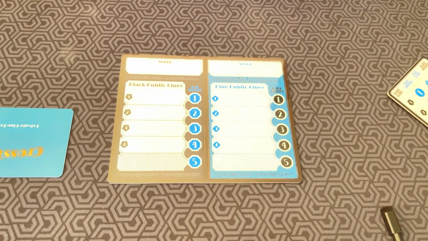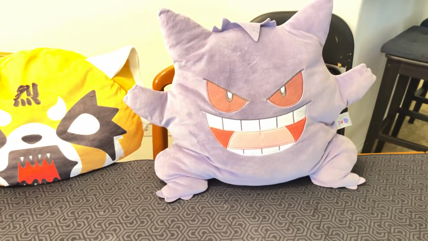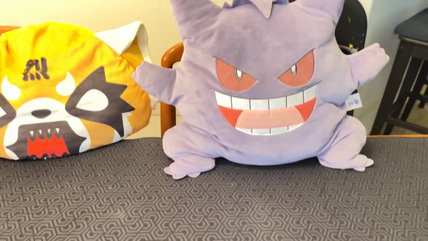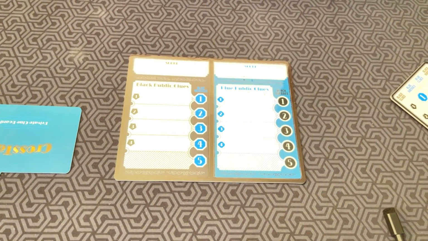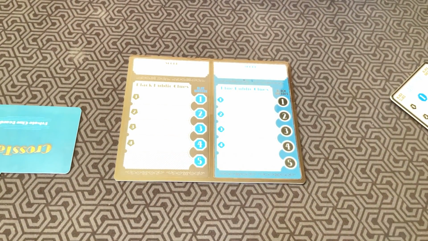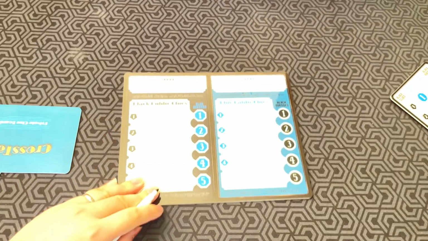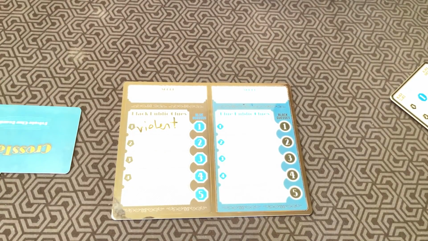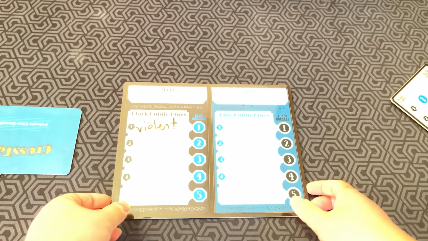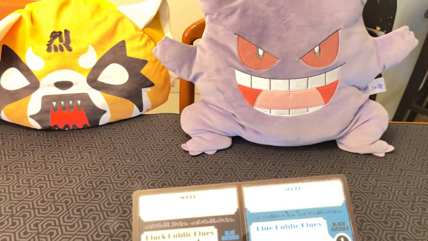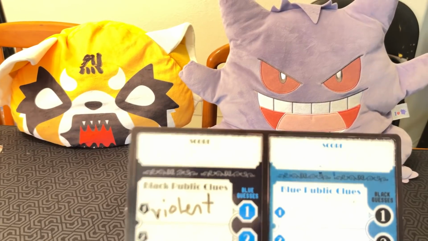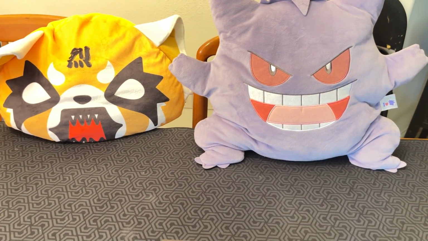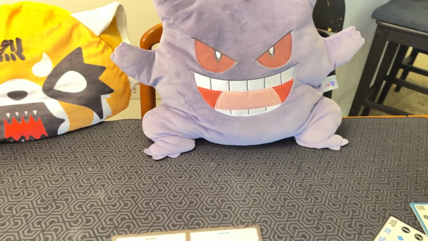Now, if Gengar's on my team and the clue is Game of Thrones, I might say my first clue is violent, okay? So let's say I write down the word violent as my first public clue. Now, Retsuko has the opportunity to guess. If she manages to guess Game of Thrones right then and there, her team scores.